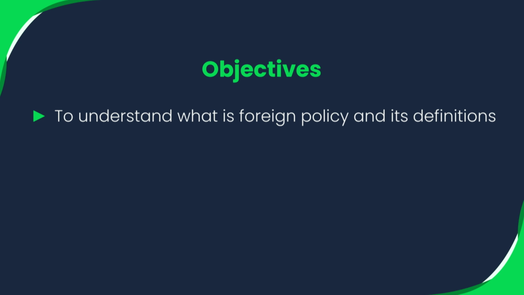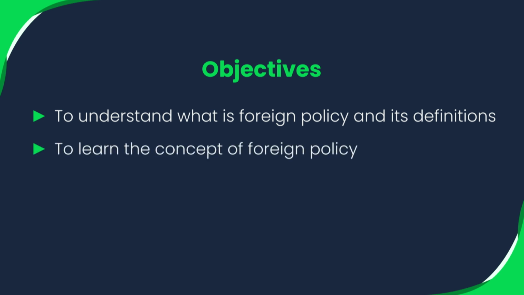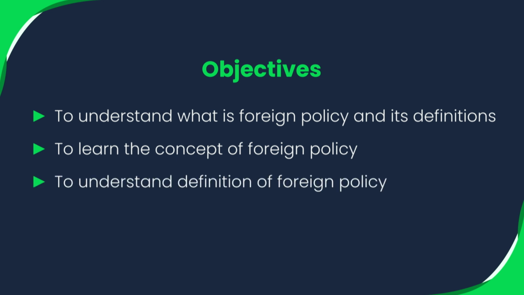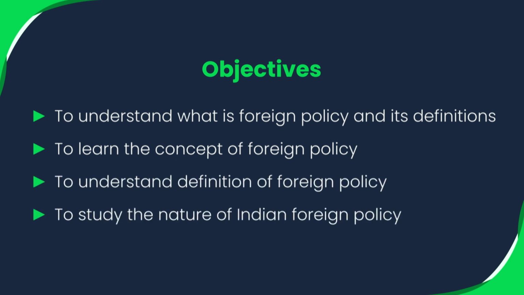The course also examines India's role on global issues such as world trade regime, climate change, nuclear proliferation, terrorism, intellectual property rights, global governance, etc. Main objectives are to understand what is foreign policy and its definitions, to learn the concept of foreign policy, to study the nature of India's foreign policy. We begin with the first part of the lesson with introduction and meaning of foreign policy.